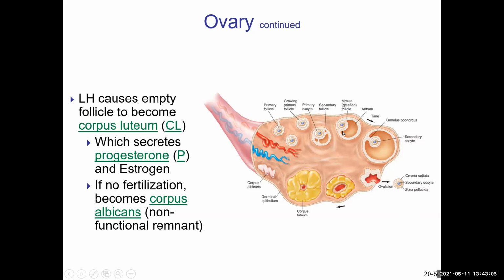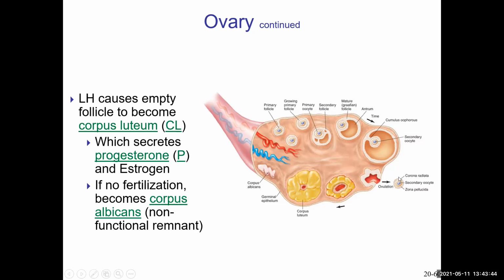So up to here you have the mature Graafian follicle, and up to here you have 2N, but here you have N only. This primary oocyte is 2N, and this secondary oocyte is N, haploid. That means the first meiosis now completes, and the second meiosis starts immediately.